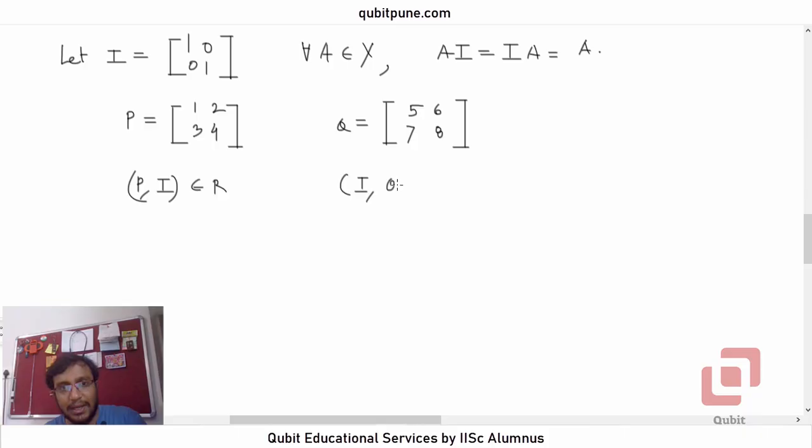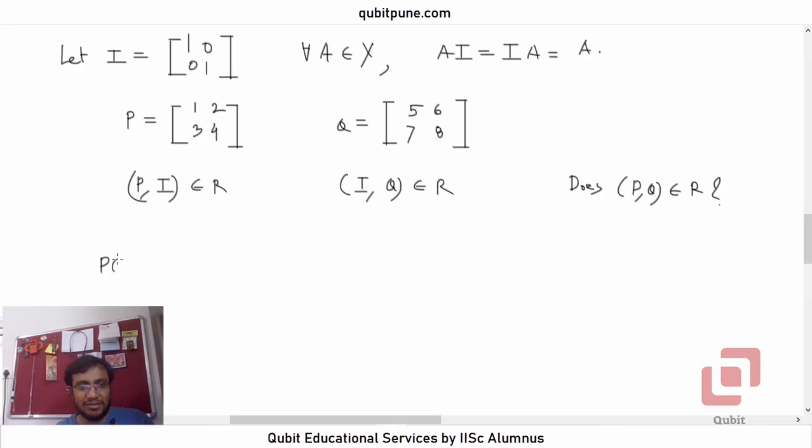And also observe that I comma Q also belongs to R, because I into Q is Q into I, and that is equal to Q. Now for transitivity, when P comma I and I comma Q belong to R, does P comma Q belong to R? That is the question that we need to answer.